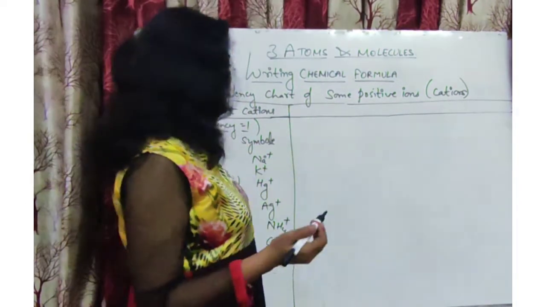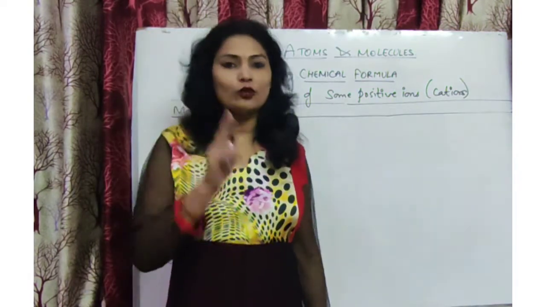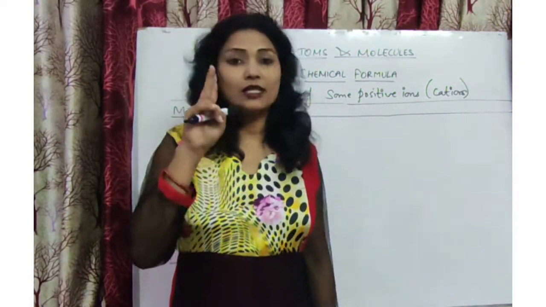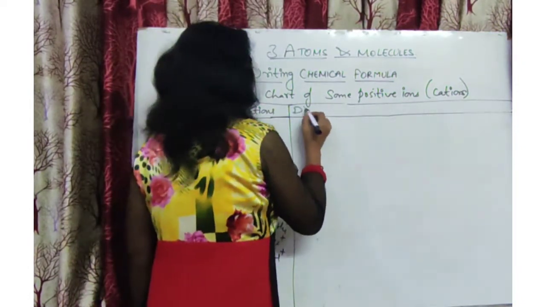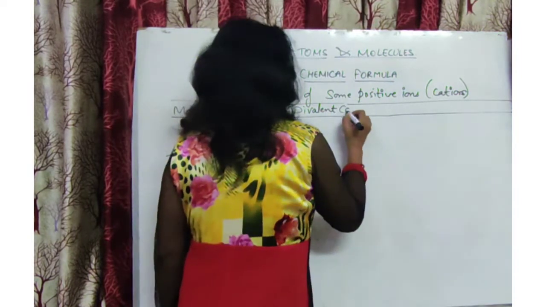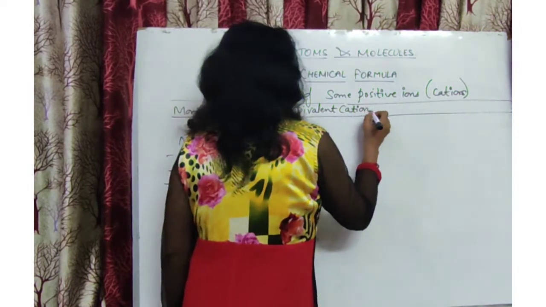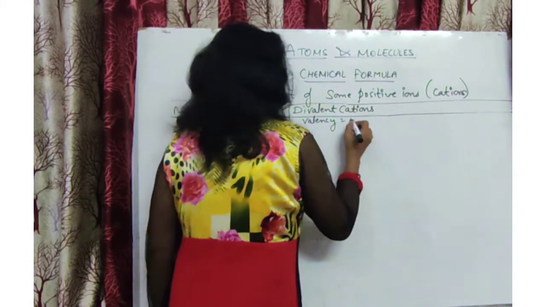Now I want to discuss the divalent cations. Divalent means those elements whose valency is 2. Okay, so let's start. Divalent cations, valency equals to 2.